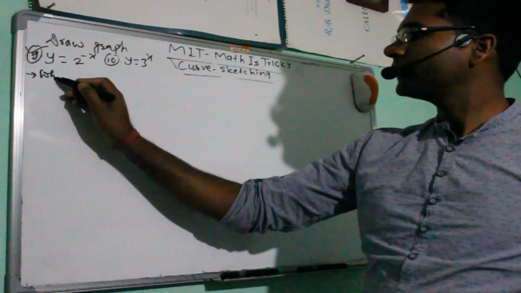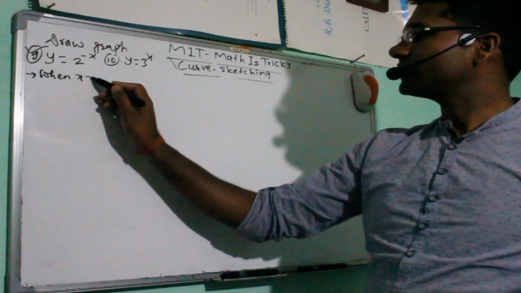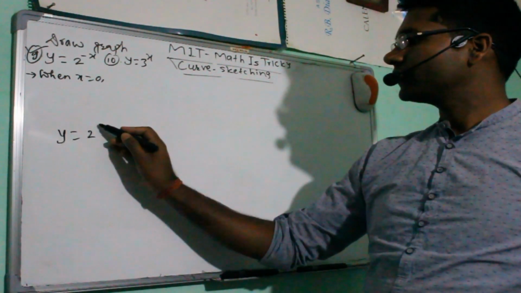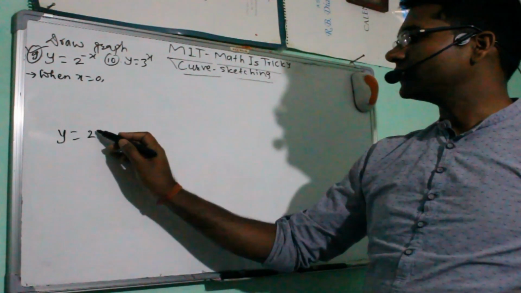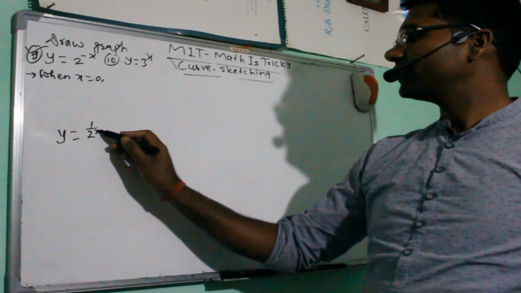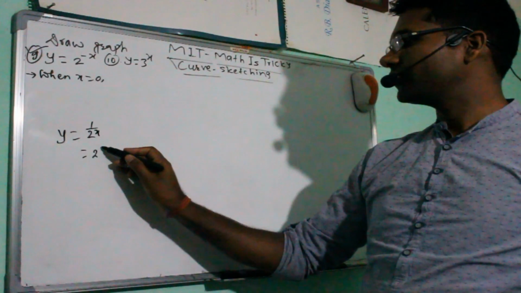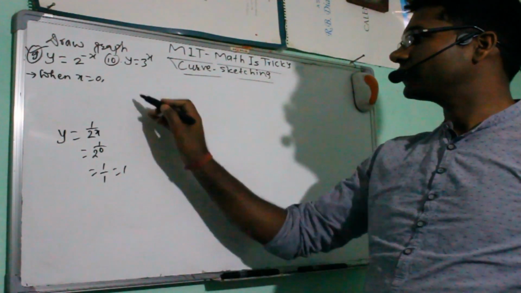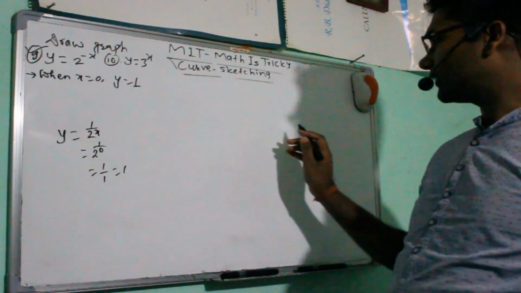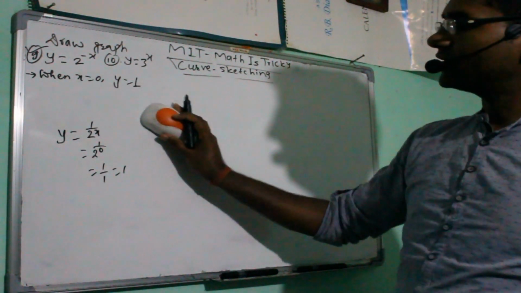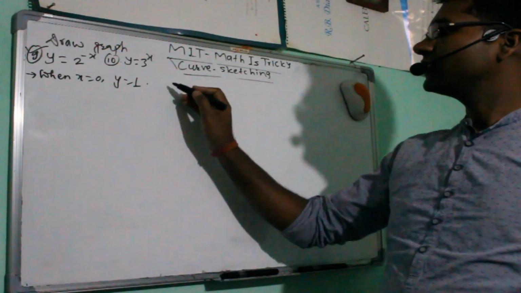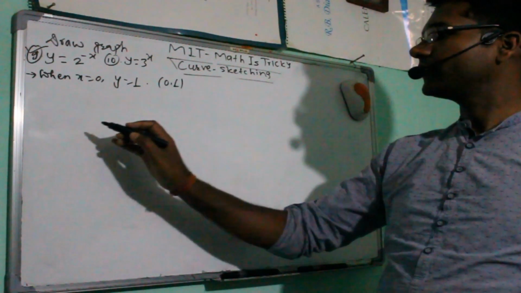Now, when x equals 0, we get y equals 2 power, we can write here (1 by 2) power x, so it is (1 by 2) power 0, which is 1 by 1 equals 1, so y equals 1. It means it passes through (0, 1), it doesn't pass through the origin. Okay, it passes through (0, 1).